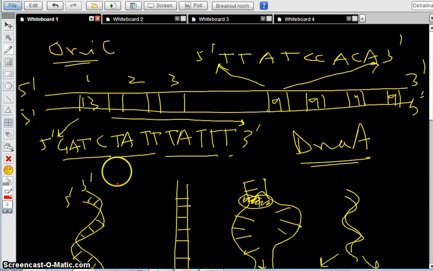This GATC section, if it remains methylated in the oldest strand, and when it is methylated, then only the DNA replication can take place. And if it is not, then the DNA replication cannot start.